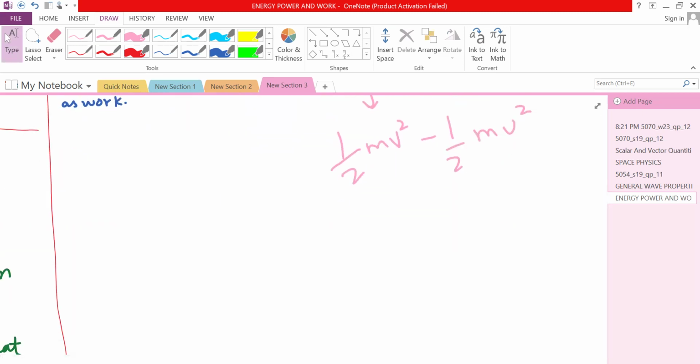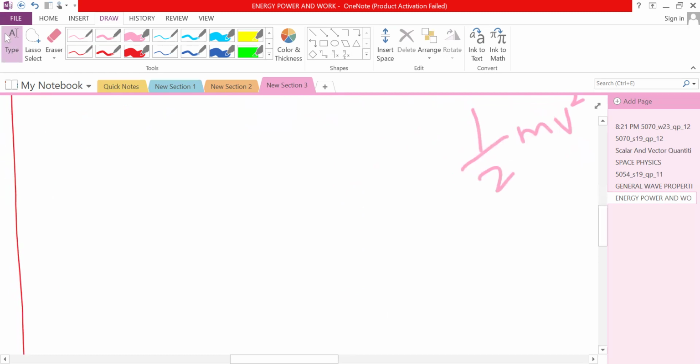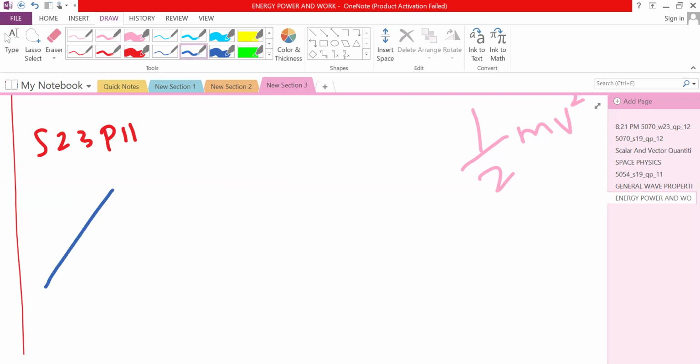Then here is an example question, which is of summer 2023 P11, and this is of paper 1 MCQ paper. There is a diagram, and the question says that you have to find the work. This is an object that is moving up, and this is the height, which is h.